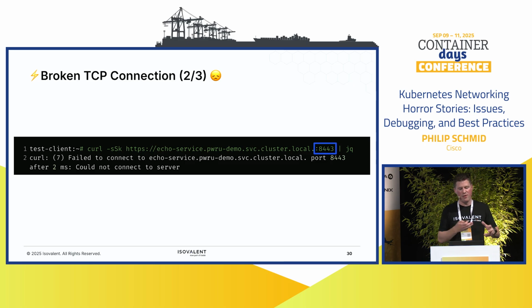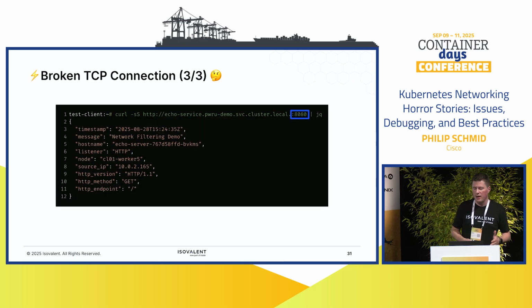Within the test client itself, we just do a troubleshooting curl command, but we just get something like "could not connect to server." Not super helpful. But we still see that on the working port, we actually get a valid reply. In this case, for example, we get our request returned back from the server.